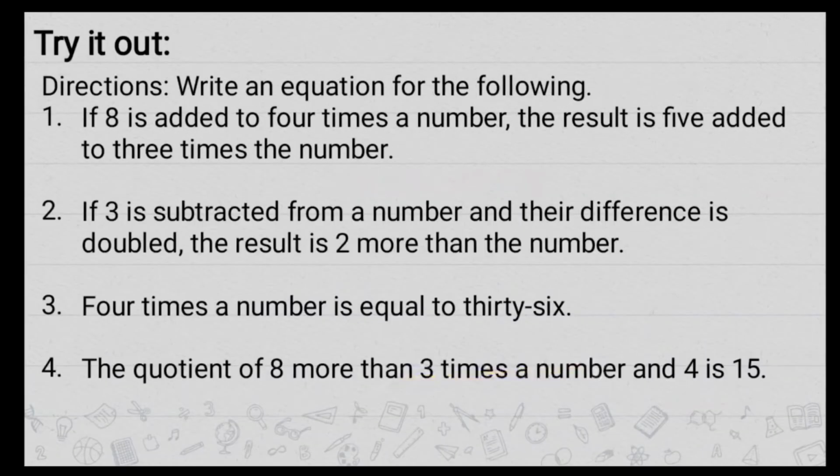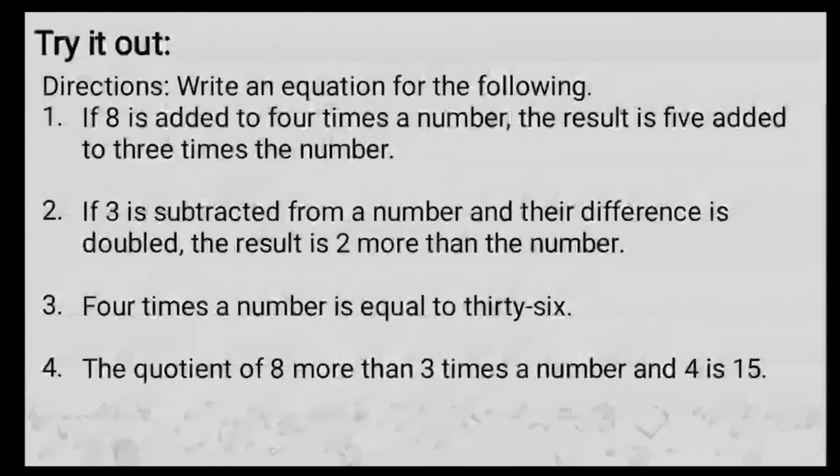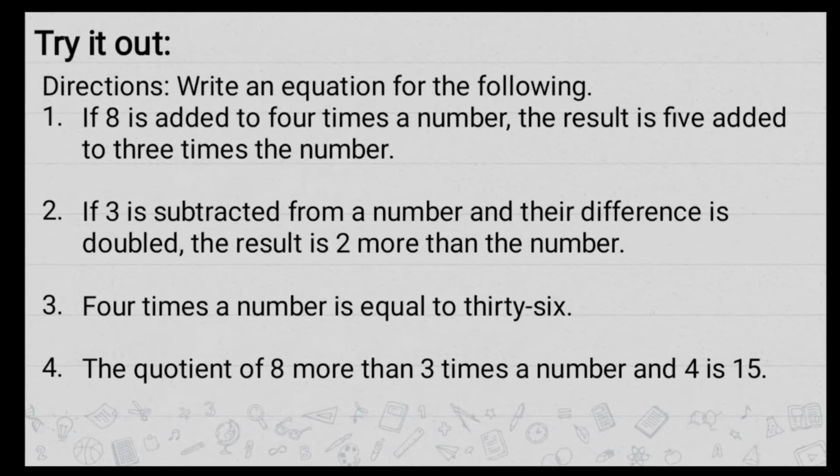Now, let's try it out. I want you to answer the following. Write an equation for the following verbal statements. Number 1, if 8 is added to 4 times a number, the result is 5 added to 3 times the number.